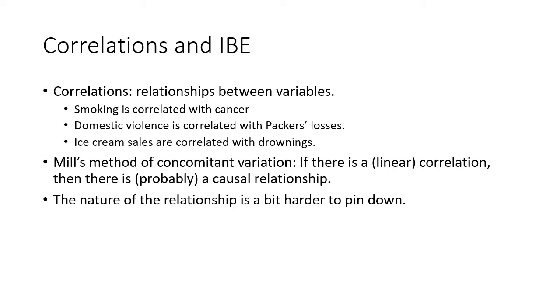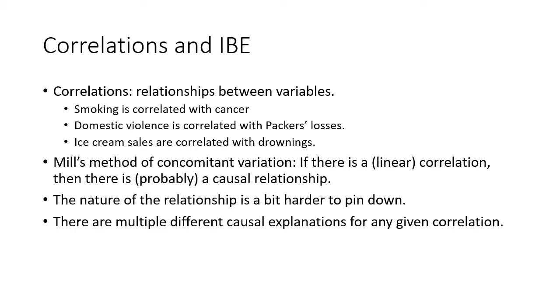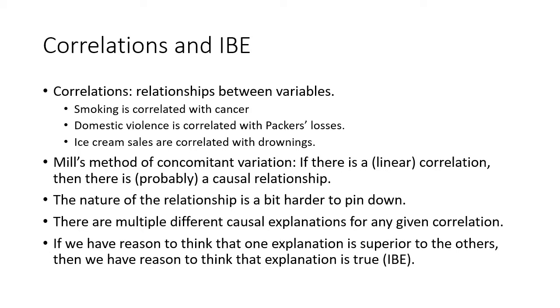But the nature of that relationship is hard to pin down because there are multiple different causal explanations for any given correlation. And this is where inference to the best explanation comes in. If we have reason to think that one explanation is superior to the others, then we have some reason to think that that explanation is true.